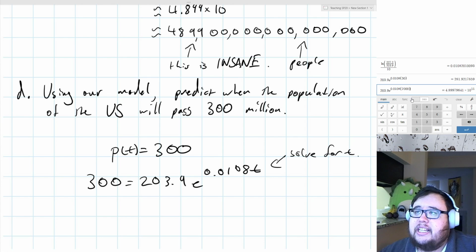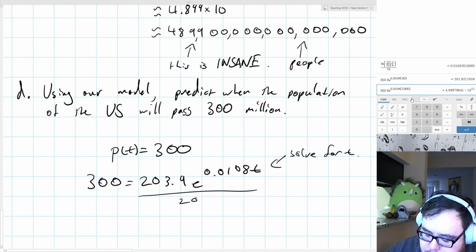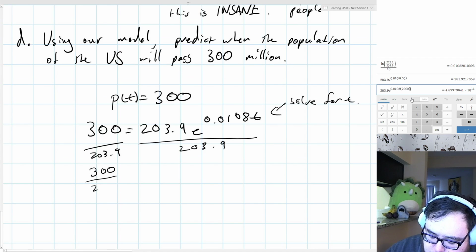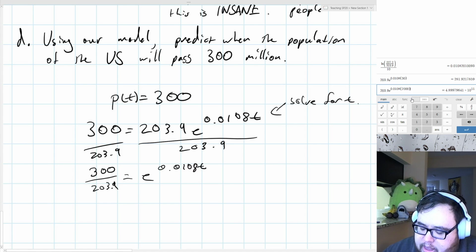Okay, we're going to isolate the exponential part by dividing by 203.9. So 300 over 203.9 is equal to e to the 0.0108 t.